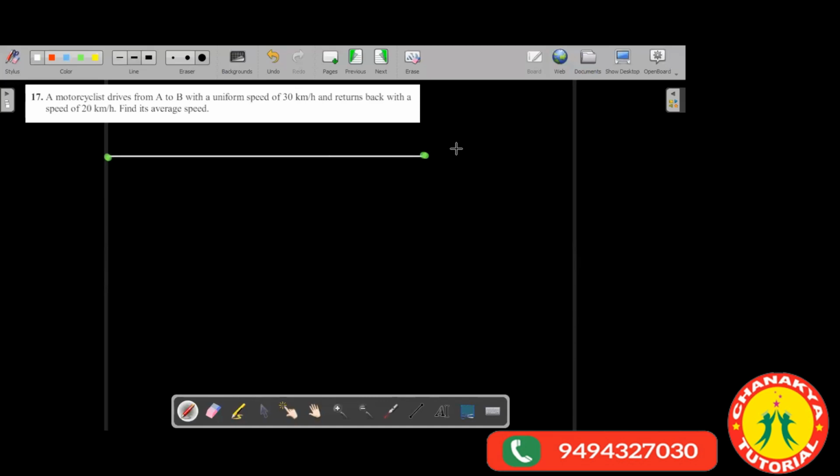Suppose the distance between these 2 points is x. We do not know the distance, and it is not given in the question. So let the distance between the points A and B be equal to x.